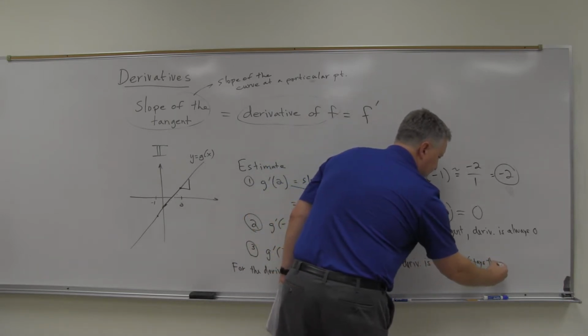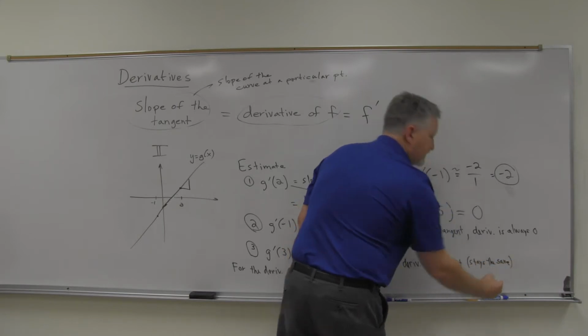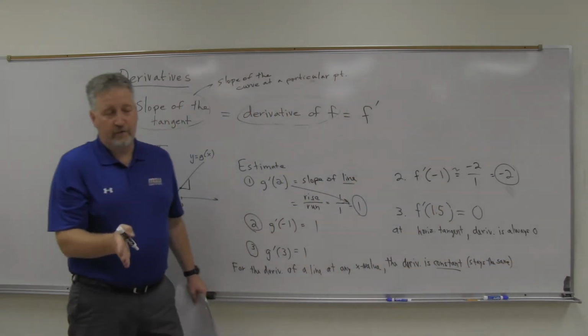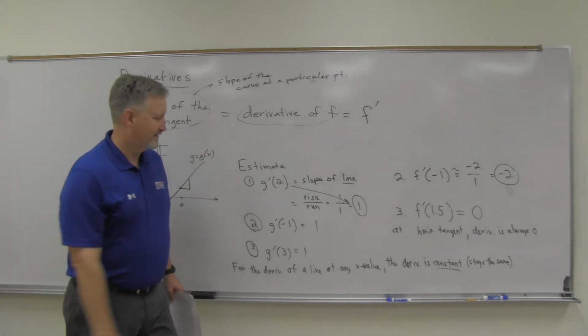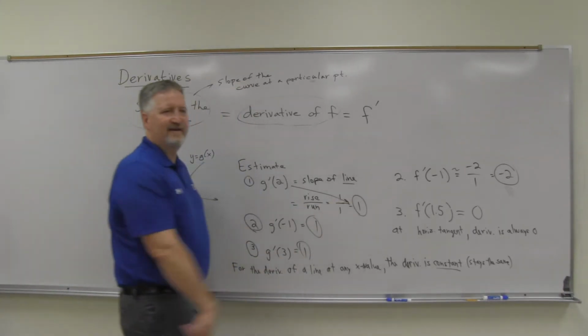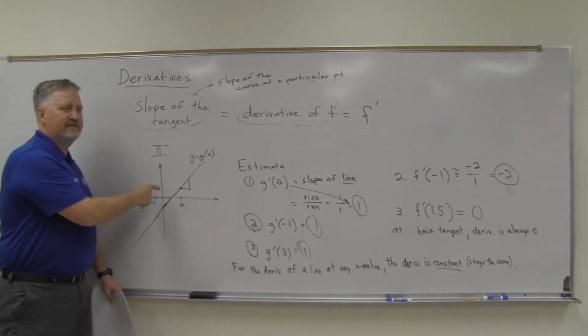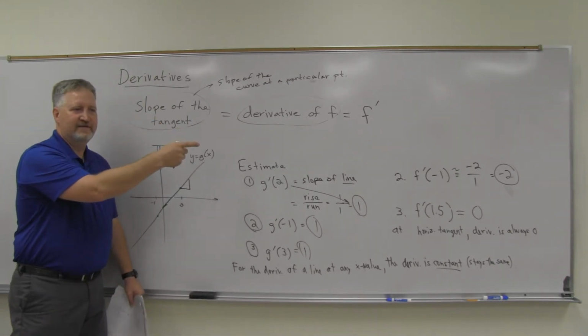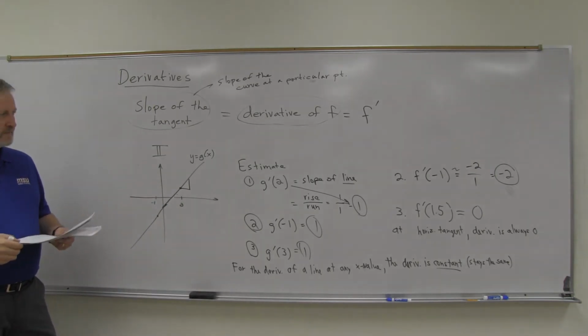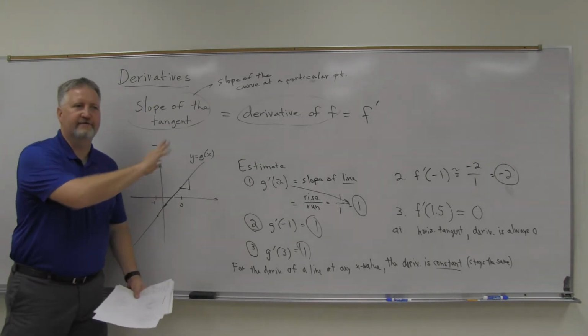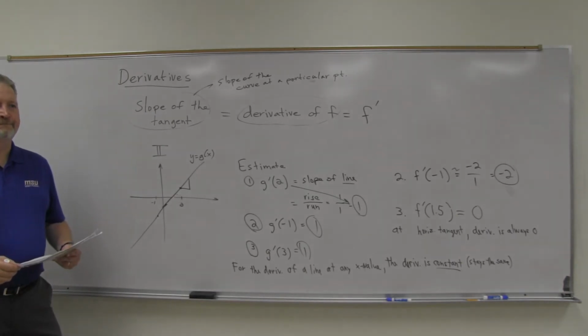Okay. So if you got a line, if you get the derivative at one point or one x value, then it's the same for all the other x values. It stays the same. So if the slope here was -2, then the slope at the next one's -2. So for a line, it's just going to be a constant number. All right, it's just the slope of the curve. All right, with me there?